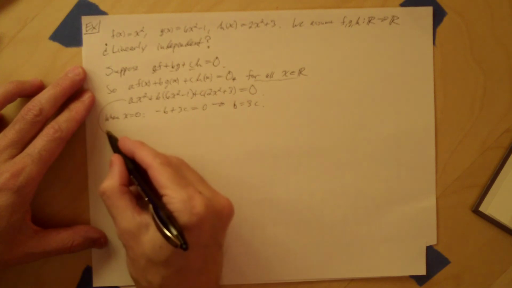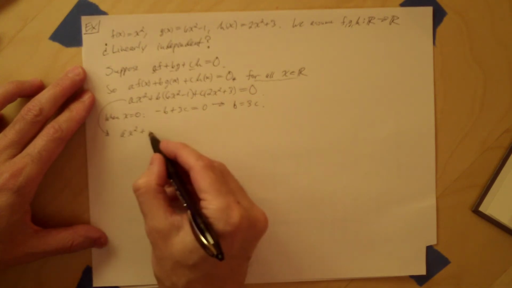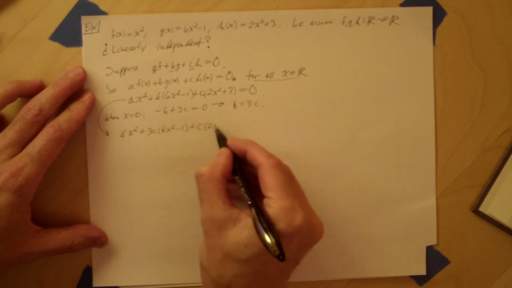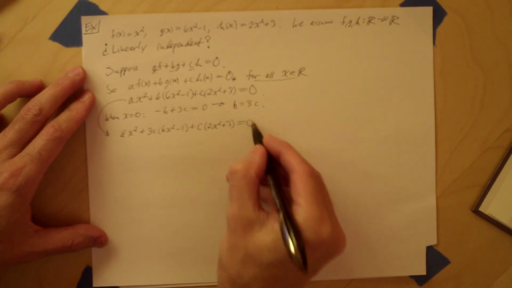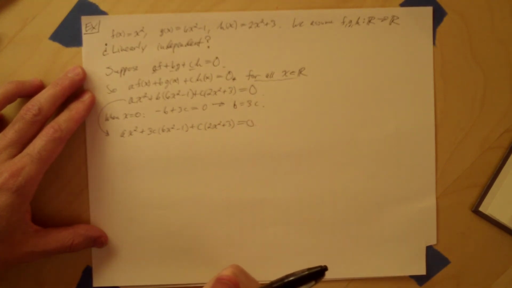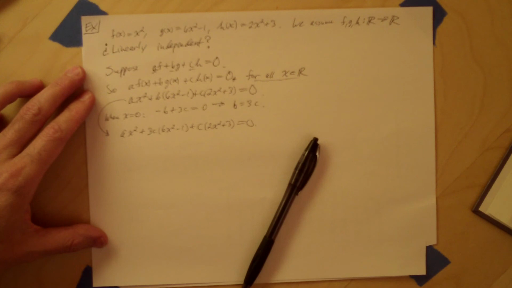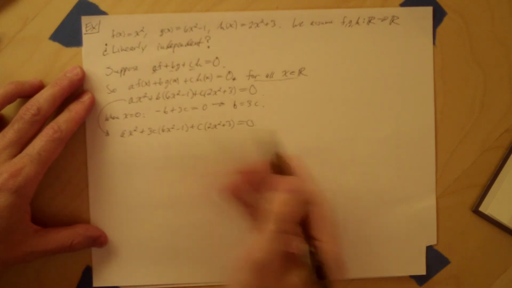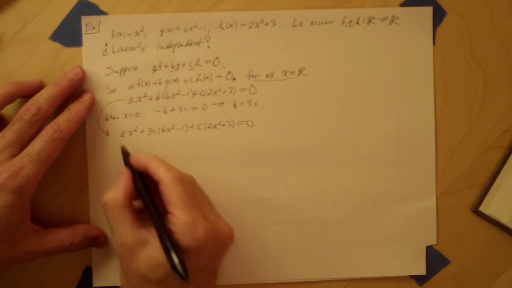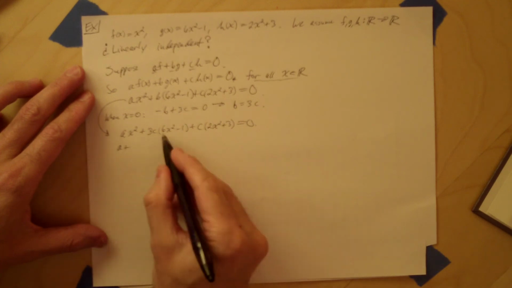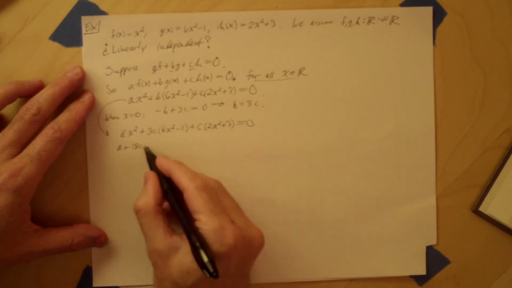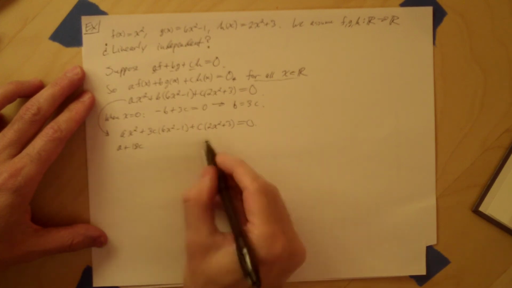Well, ax squared plus 3c times 6x squared minus 1 plus c times 2x squared plus 3 is equal to 0. Here's what I suggest doing. Just combine the like terms. You have an a plus 18c plus 2c. Well, in fact, you can put these together, right?